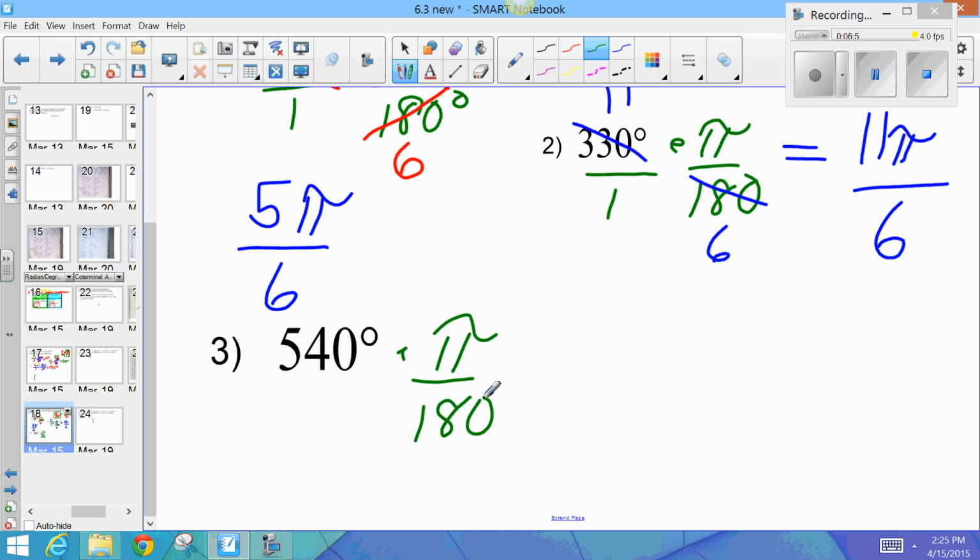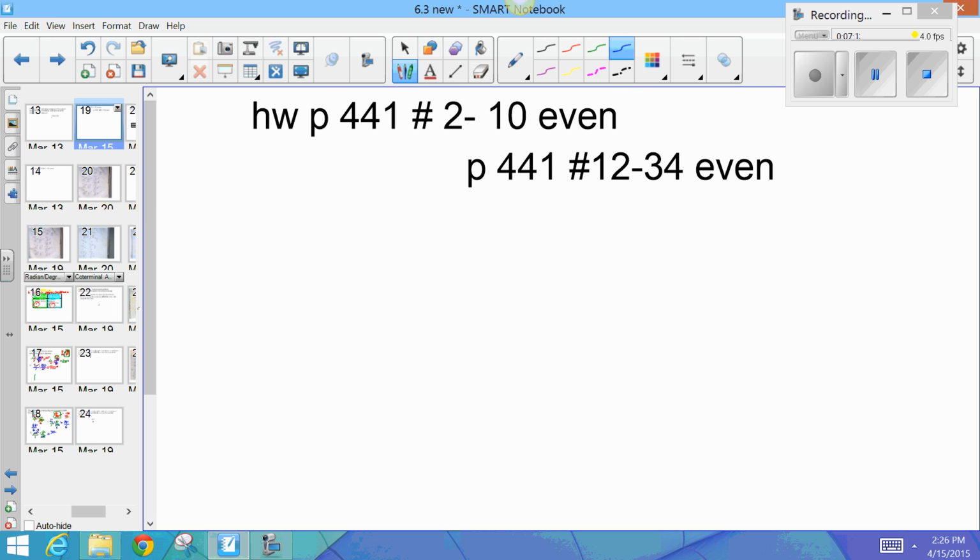I'm using a calculator. 540 divided by 180 is 3. Yes. So 180 goes into 540 evenly, 3 times. So top times top is 3 times pi. Bottom times bottom is 1. So my answer is 3 pi. All right, that's it for that video.